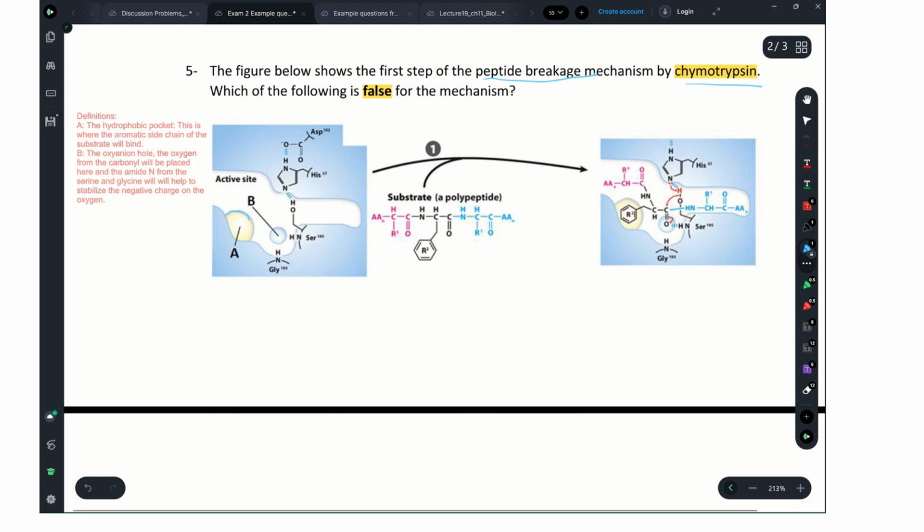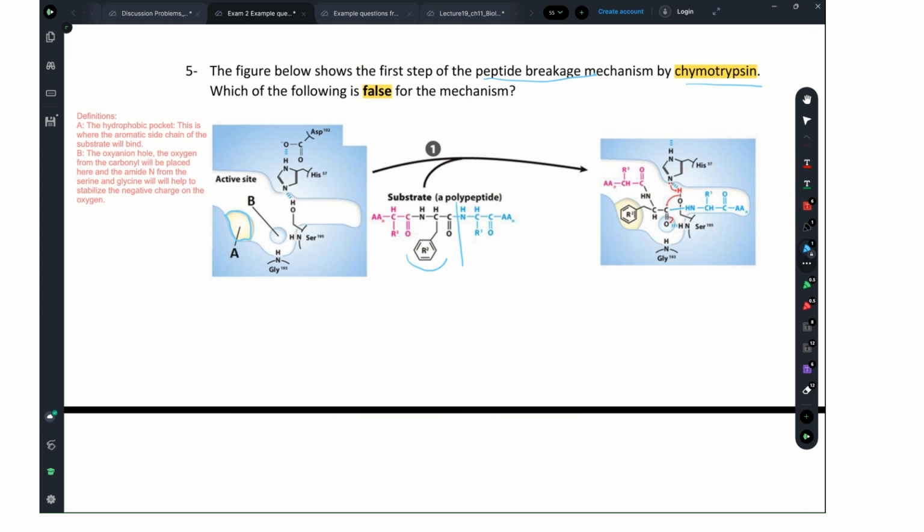This is where the aromatic side chain of the substrate will bind. So that's this aromatic side chain. Remember that chymotrypsin requires an aromatic chain in order to be able to break this peptide bond.